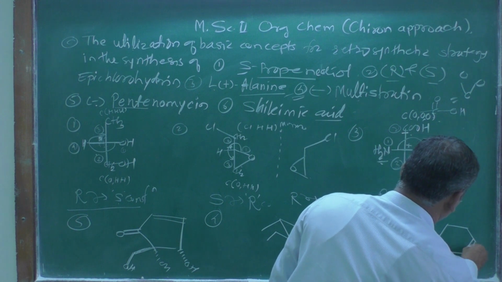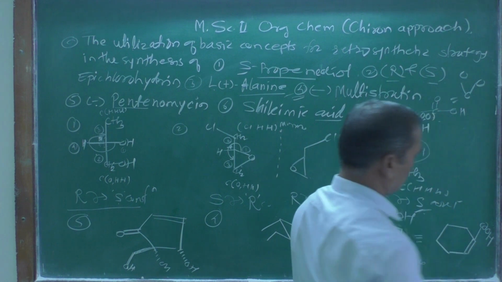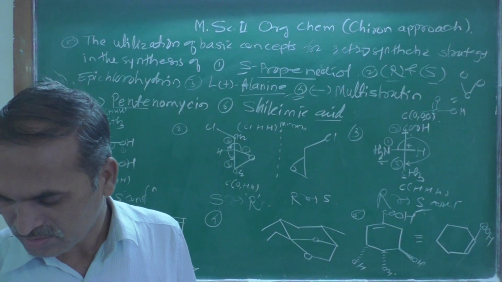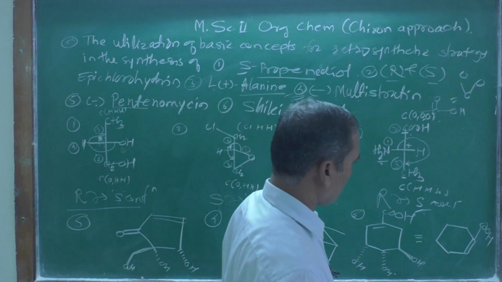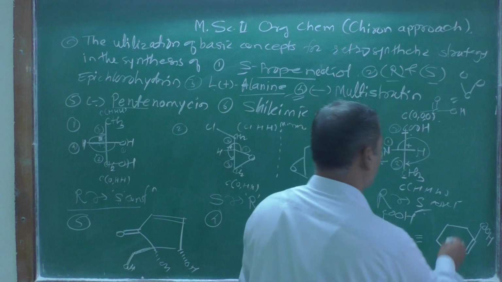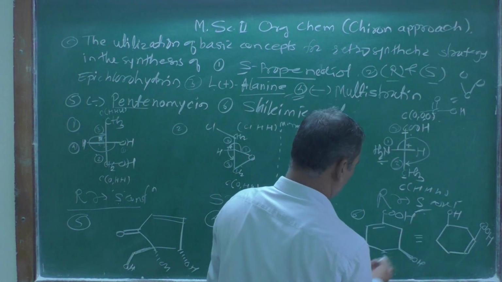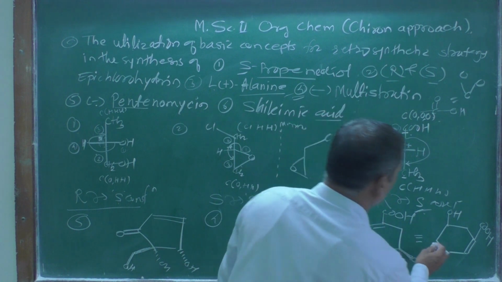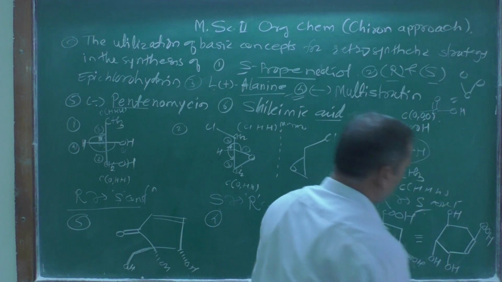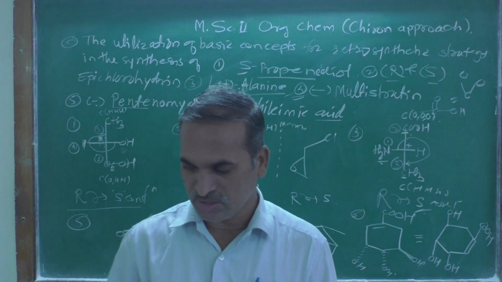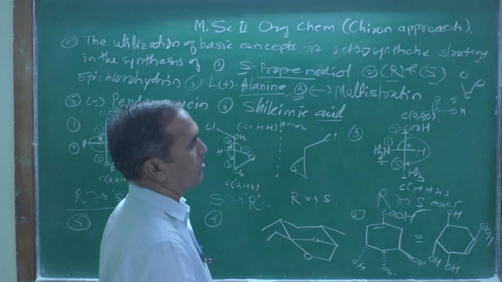Here we can put a double bond, and here is a carboxylic group, COOH. Next, there are 3 hydroxy groups. One hydroxy group is above the plane, and 2 are below the plane. So we can show these are below the plane, and this is also below the plane.